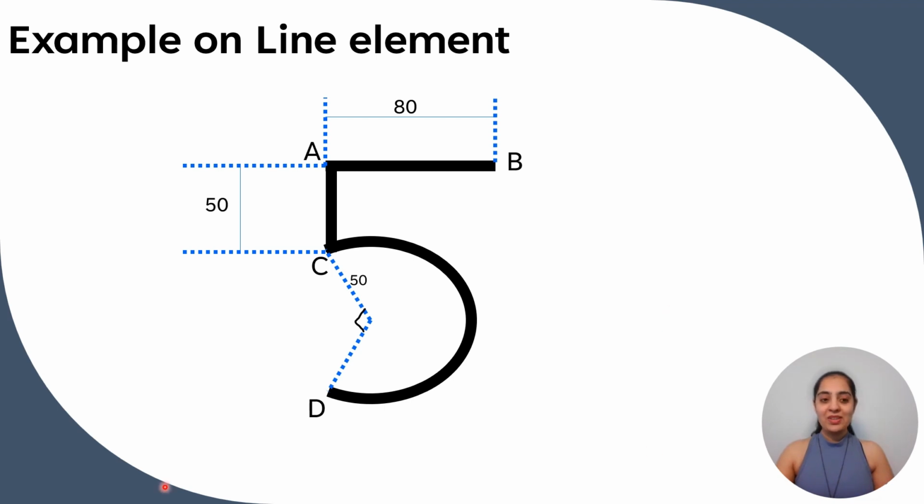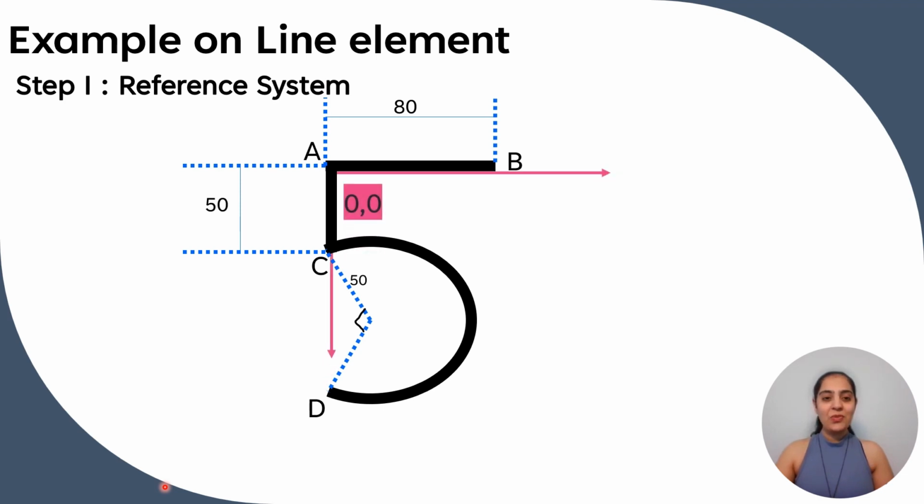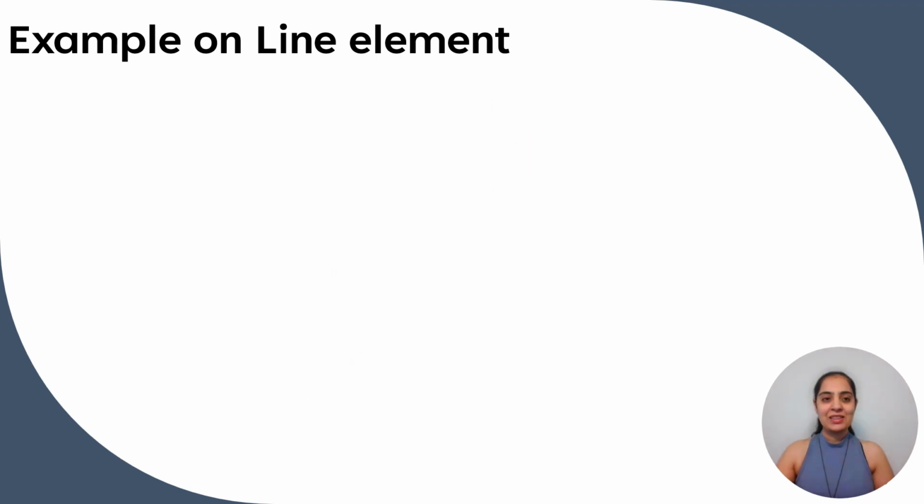So the first step is the reference system. So let's fix the origin at A, and the x-axis is passing through element AB and the y-axis is downward passing through element AC. Now, what is the next step?